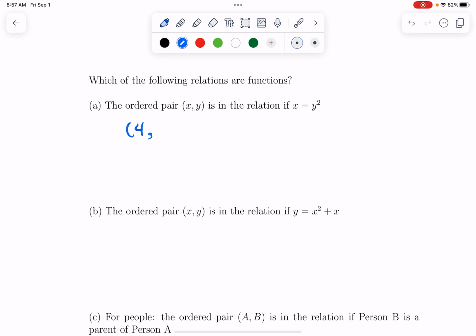What if I tell you x is equal to 4? Well, then maybe y is equal to 2. But maybe y is equal to negative 2, because negative 2 squared is also equal to 4. So what we're seeing here is the input of 4 corresponds to 2 different output values. This is not a function.